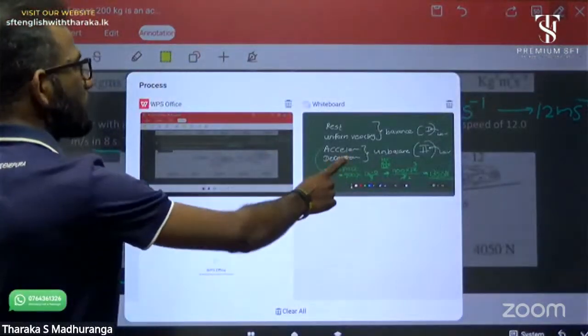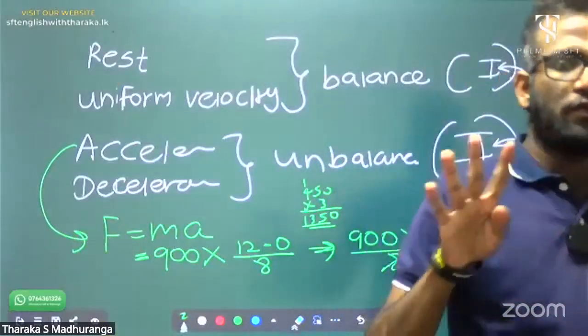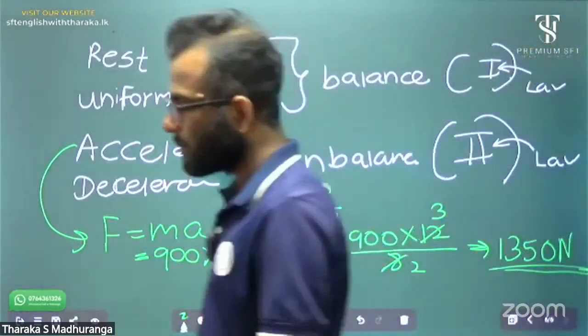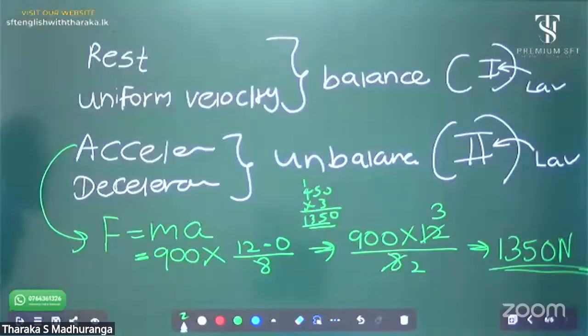Okay, 8 questions complete. No, 7. The fourth question is missing. Then 7 questions completed. If you have any doubt up to now, you can ask. We've got 1 hour. Everything okay?